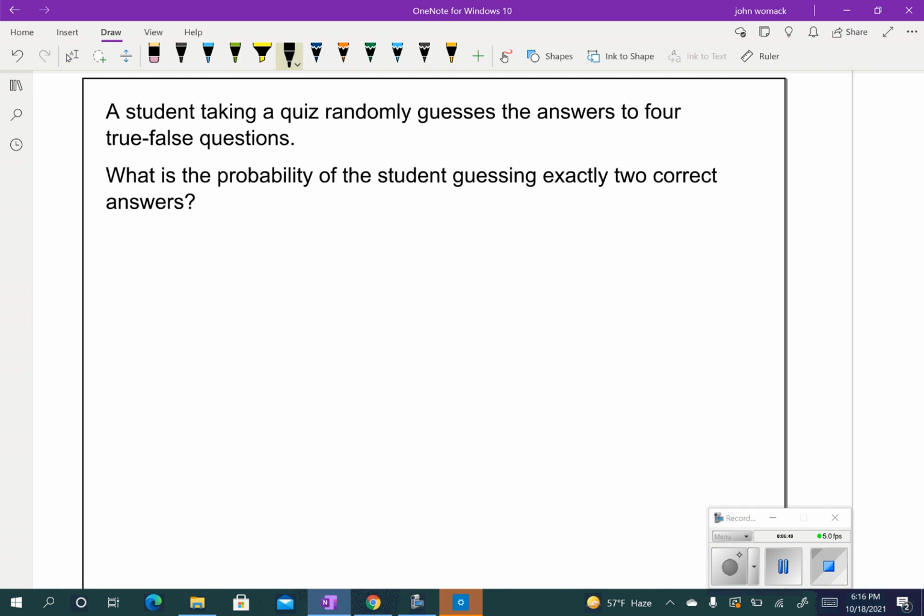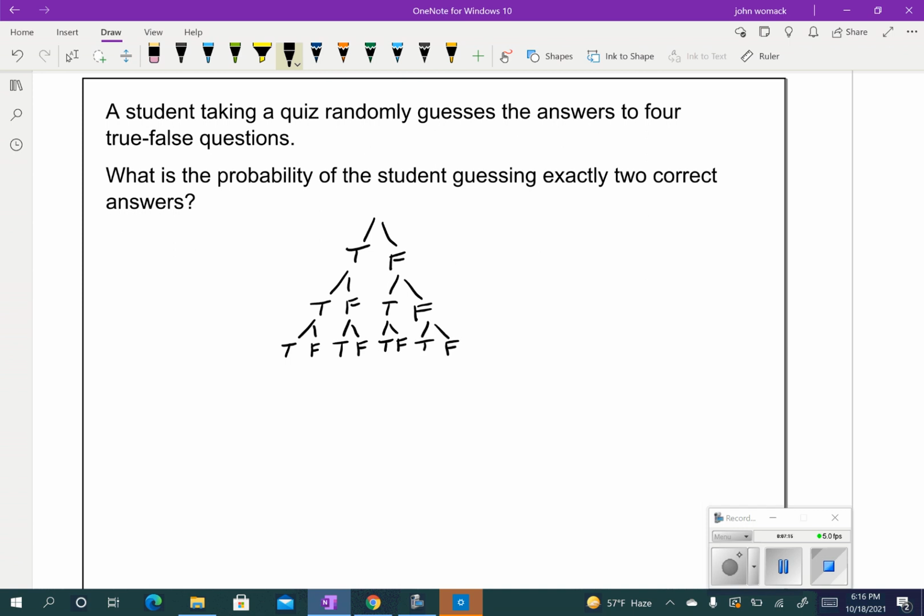So I take the first question, and I could get a true or a false. And then if I got a true on the first one, I could get a true on the second one or a false on the second one. Same thing here. There's all the results to 2 questions. We have to do 4 of them, right? True, false, true, false. True, false.